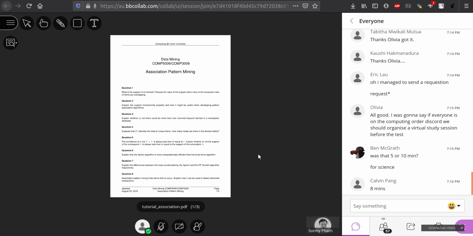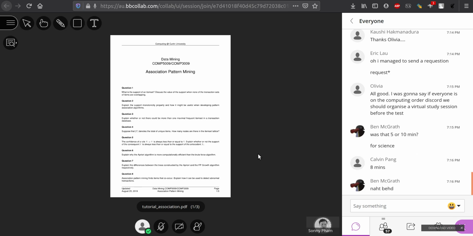All right, now question number 5. Has anyone got any idea about this question? Explain whether or not the support of the consequent y is always less than or equal to the support of the antecedent x.